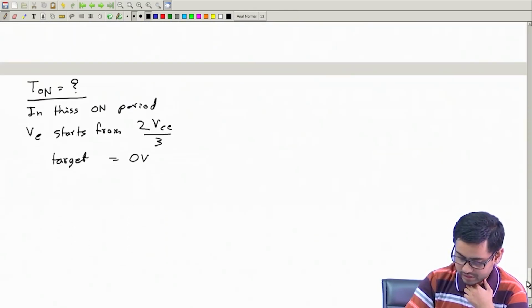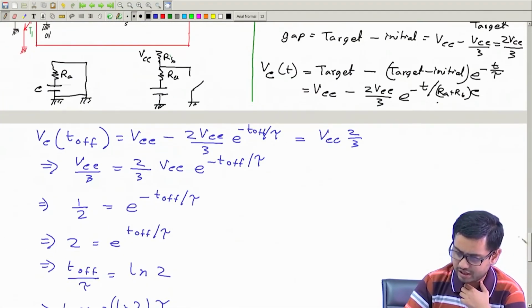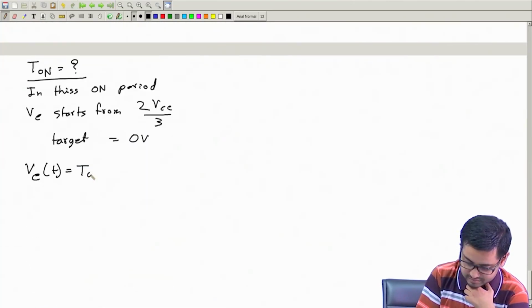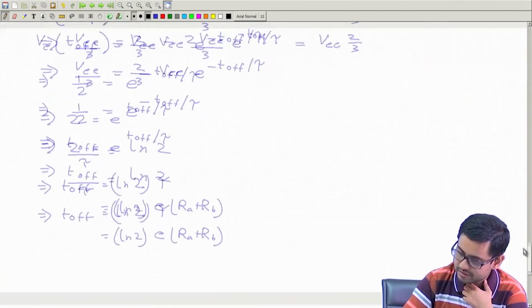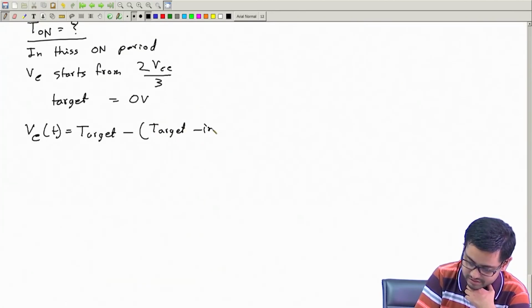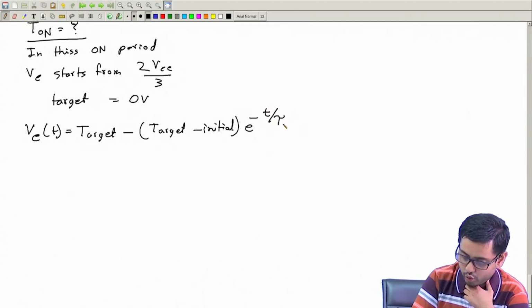So then we can write once again VC(t) is equal to, just use this idea, target minus initial, e to the power minus t by tau, call this tau on time.